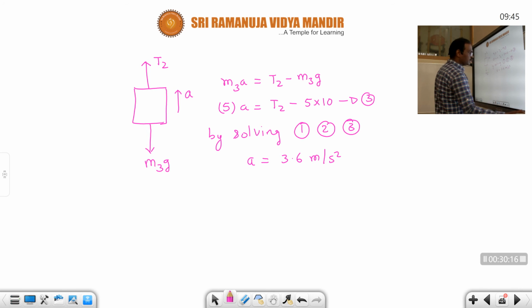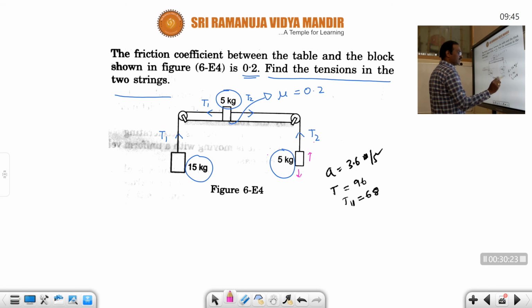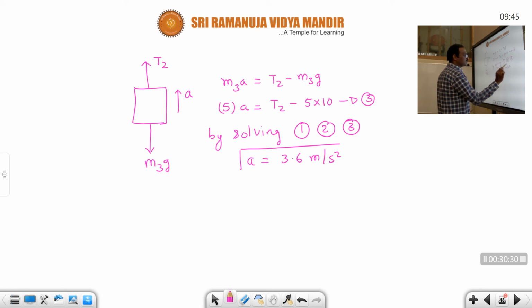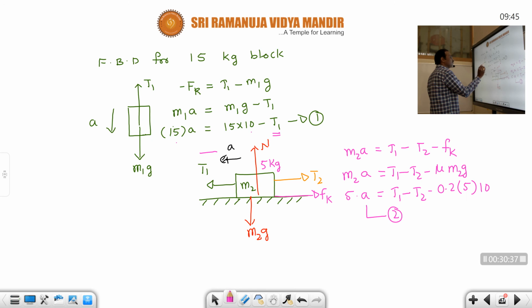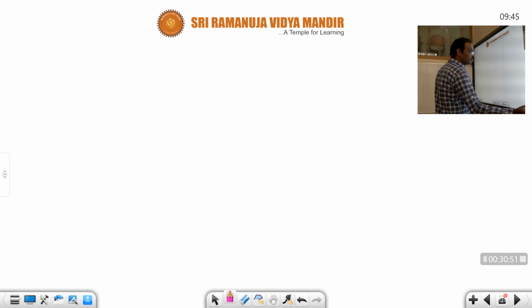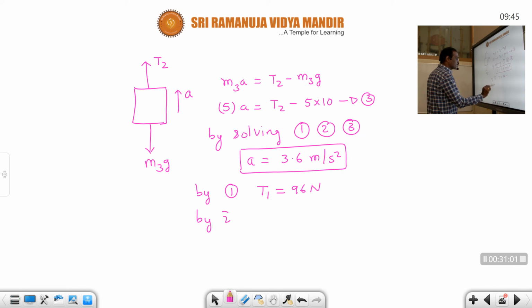This acceleration you can substitute in equation 1, and there you are getting tension T1 as 96 newtons. Then this T1 you can put in equation 2, and you will get the T2 value, T2 is equal to 68 newtons.